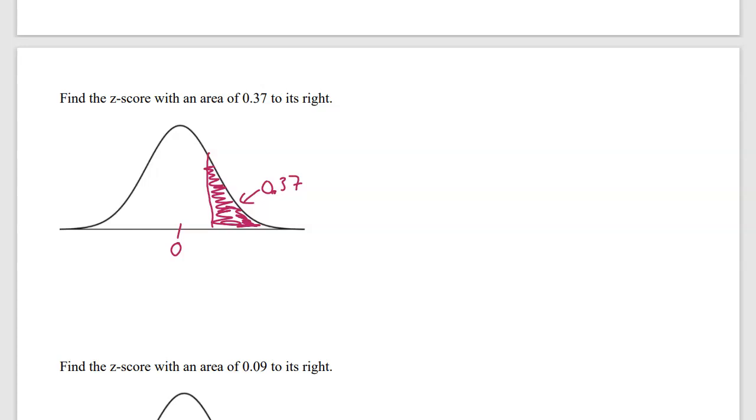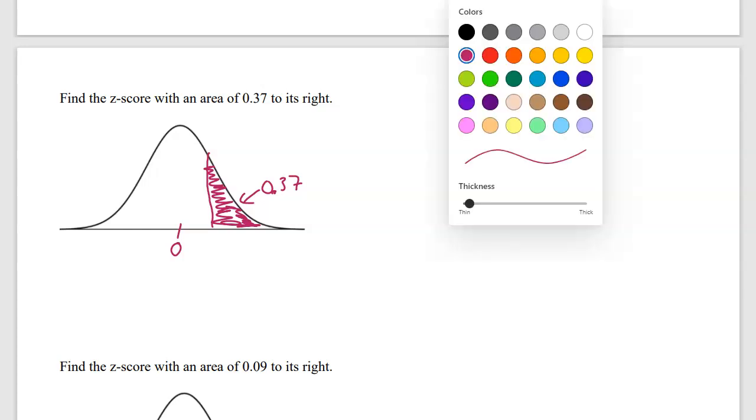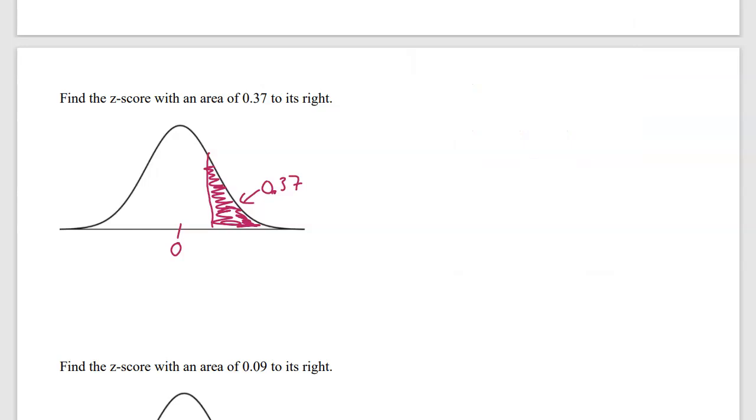Now, if you recall, our table only gives us to the left. So it's only going to give us this part, but I need to find this number. How can I find this area? Well, to find this area, I take 1 minus 0.37, which gives me 0.63.